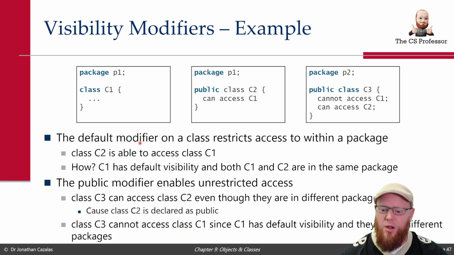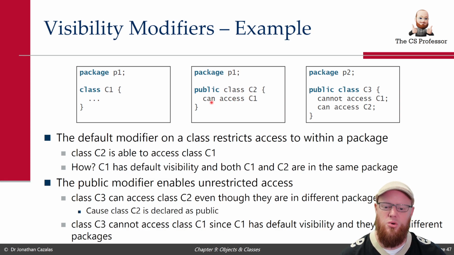So the default modifier on a class, if you don't put the word public before a class, what happens is it restricts access to within a package. So here, if we have package P1 and we have class C1, here we have another package, and inside this package we have class C2.